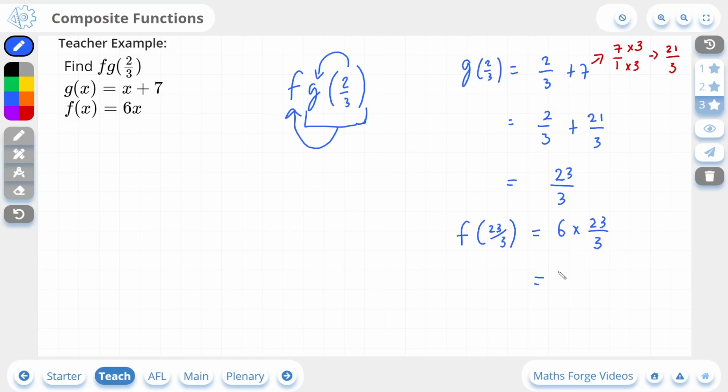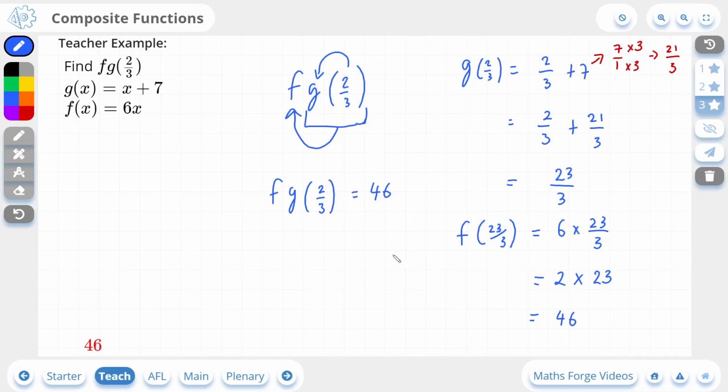So 6 divided by 3 is 2. And then we're going to multiply the remaining value, which is 23. And this is going to give us 46. So our final answer, f of g of 2 over 3, should be equal to 46. And if we check our answer, there it is.